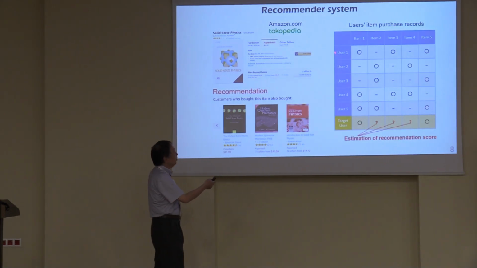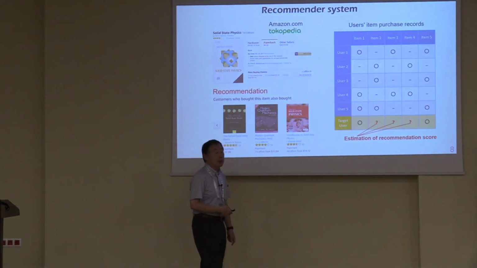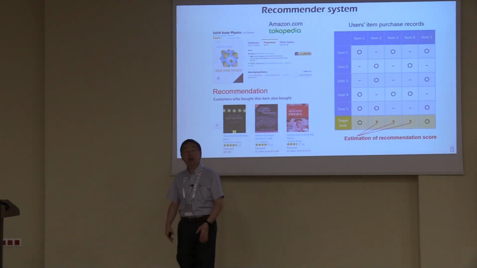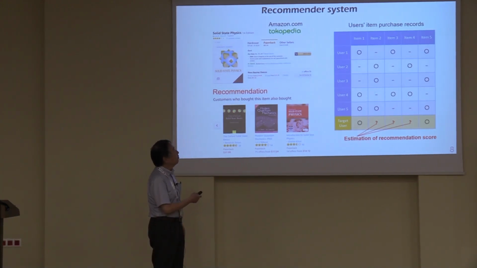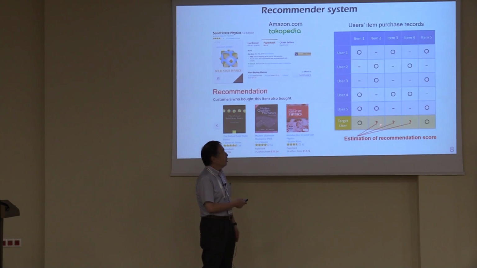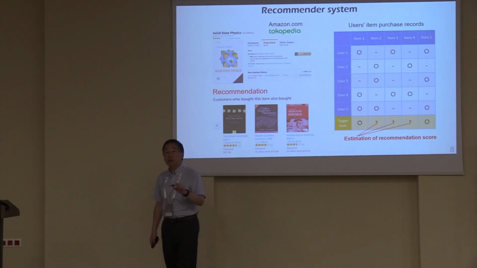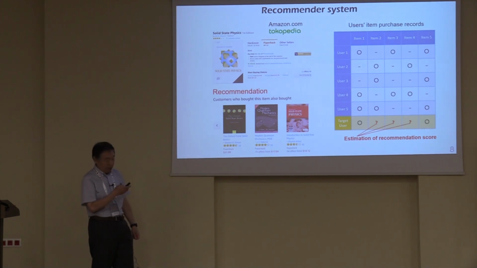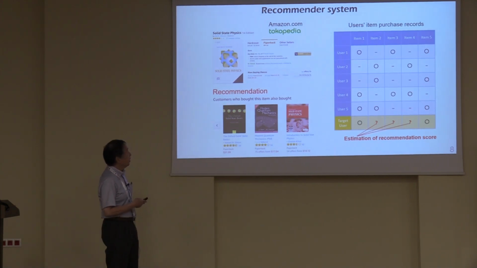There's a huge user list, and they know who bought which item. It's a huge matrix, and based on that data, when some new customer comes, they recommend something. For the target user, they estimate recommendation scores, so they perform pinpoint advertisement. That is the algorithm behind it.